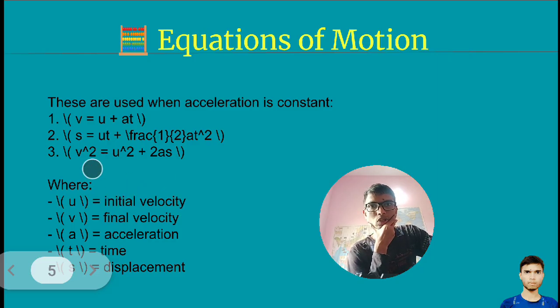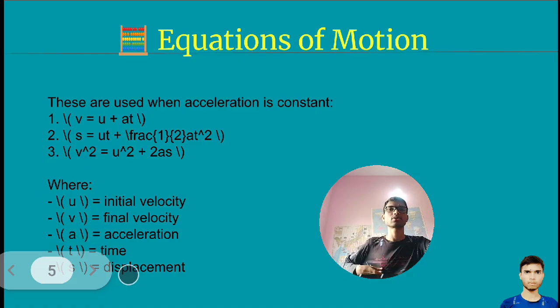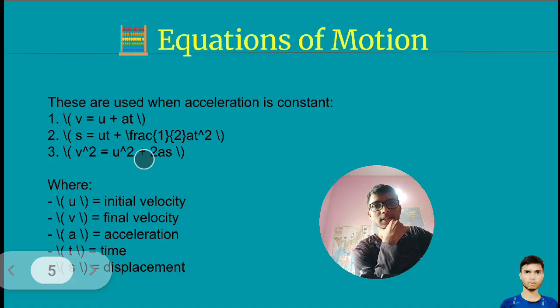So the first letter is u, that's why we say it is the initial velocity, and the next letter is v, which we consider as the final velocity. Here v is equal to u plus at. This is the formula to calculate the final velocity.